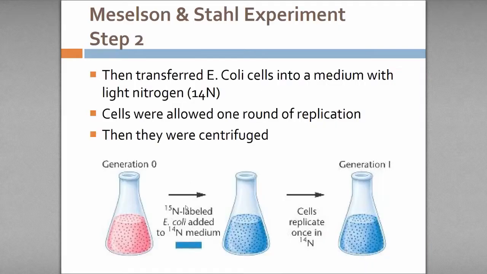All right, move on. So, step two, you take these E. coli that have been grown in heavy nitrogen, and then you let them replicate once in a medium with light nitrogen. The new cells are only allowed one round of replication, and then they're centrifuged again.